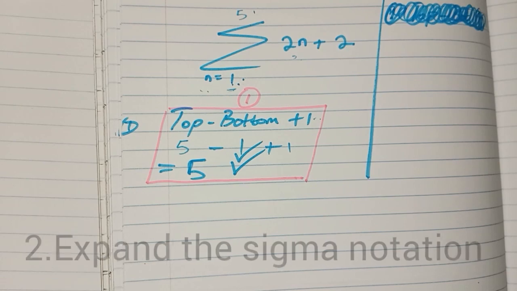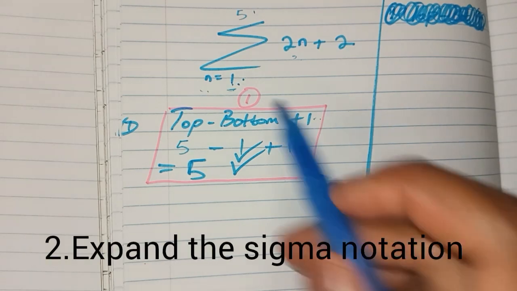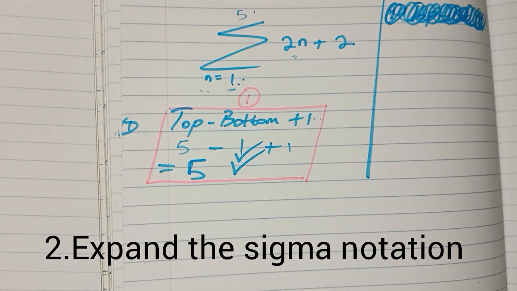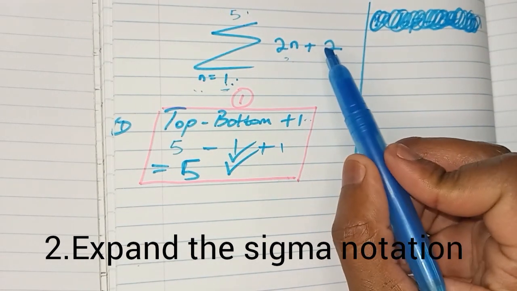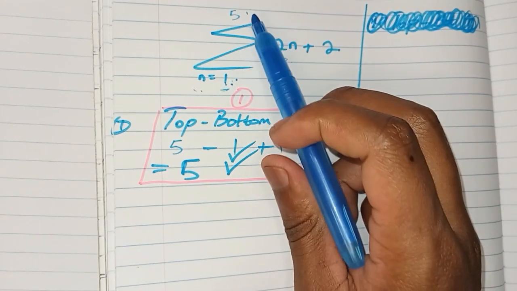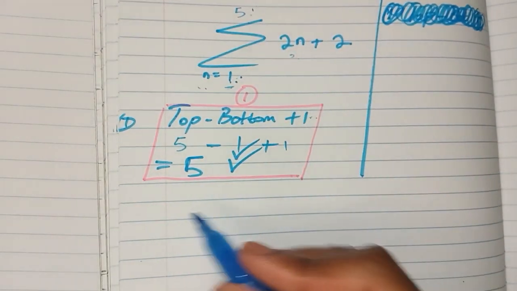Step number 2. Alright, for step number 2, we are going to expand this sigma notation thing right here. So how do we do that? We simply take the formula and we plug in n. Now this is where n starts, this is where n ends, right? So let us do that.